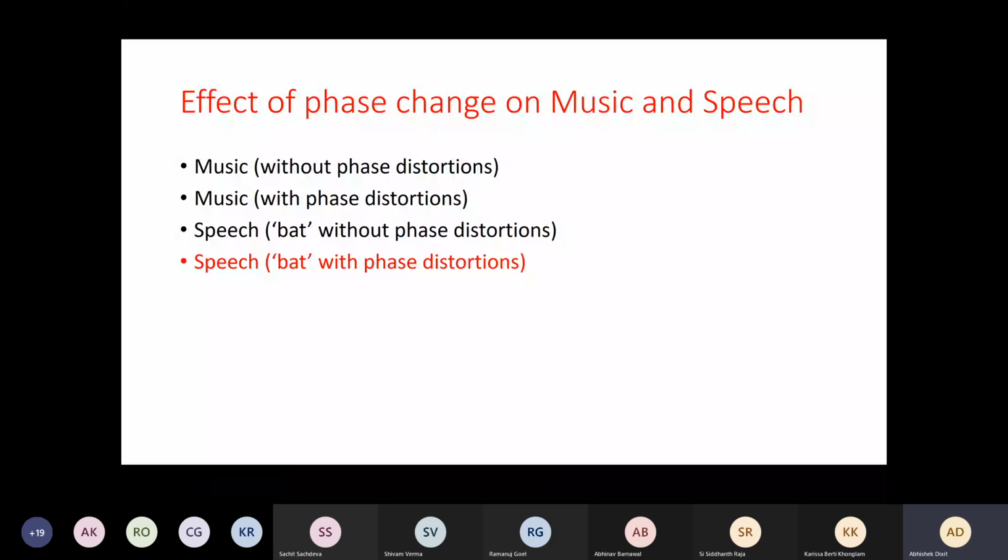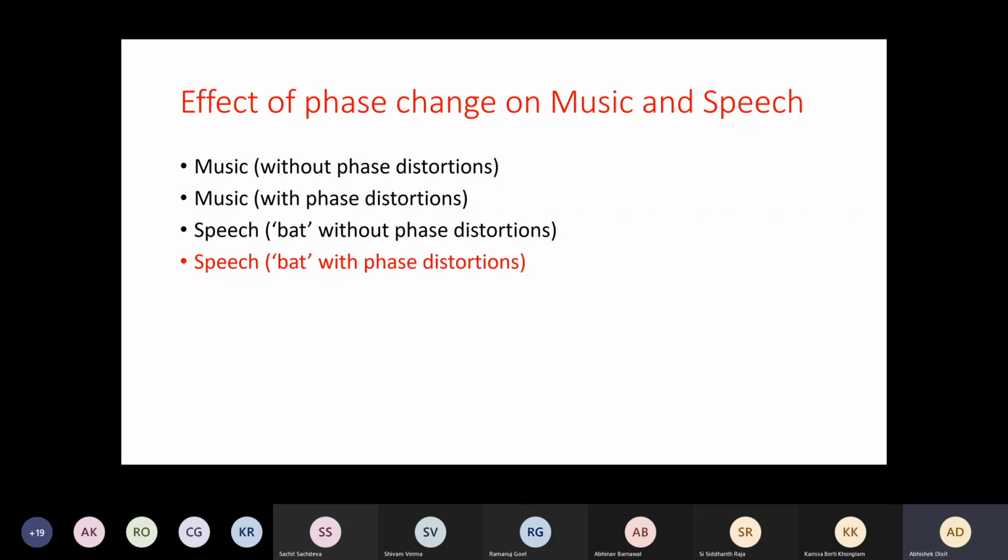So we have shown these effects, and I would like you to think about them yourself, and we will come back and discuss them in the next lecture. We will have the demonstration again, and we will see the reason why speech and music signals behave like this under phase distortions, and then we will see the effect on images.